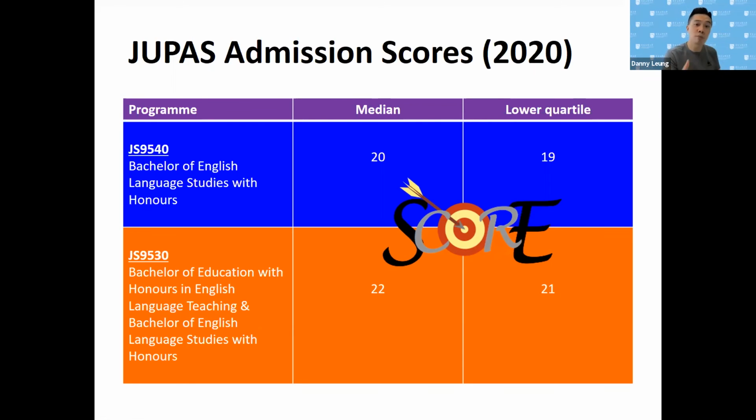So 20, which means, okay, if you've got level 4 for your English language result, it means 8 is factored in this 20 here, because of double weighting.